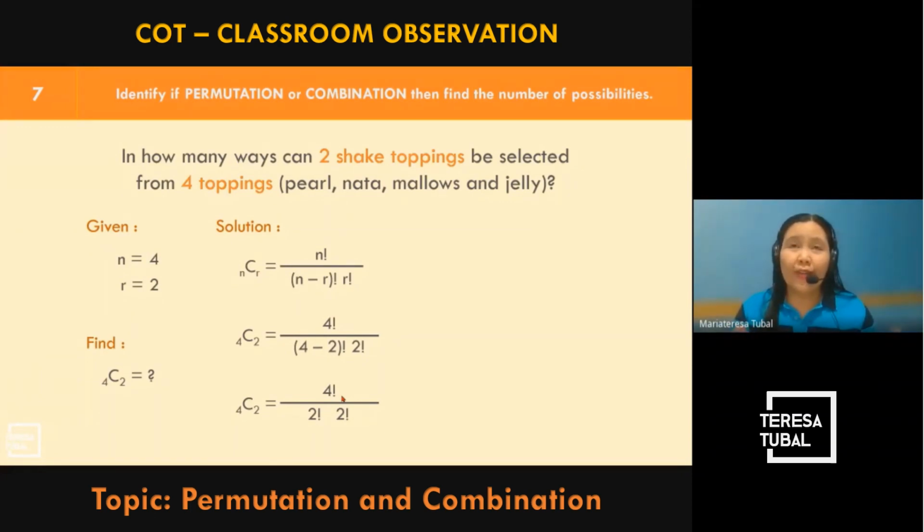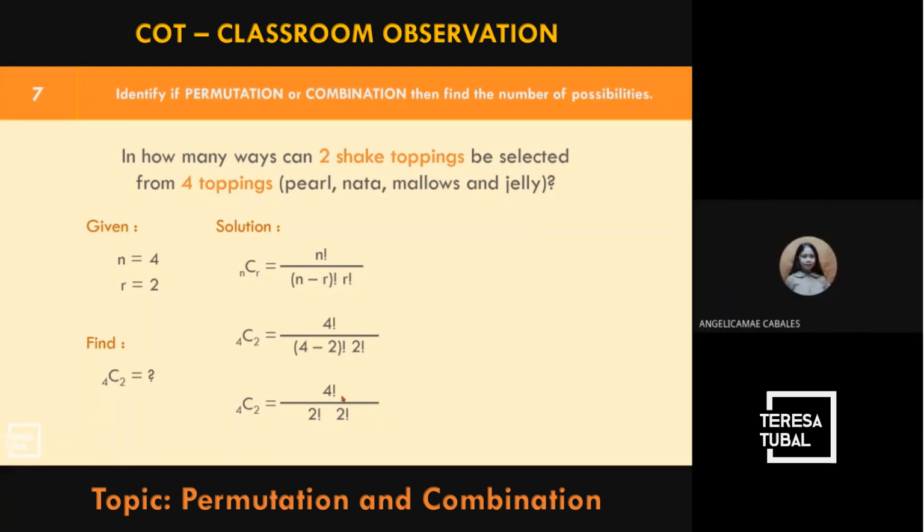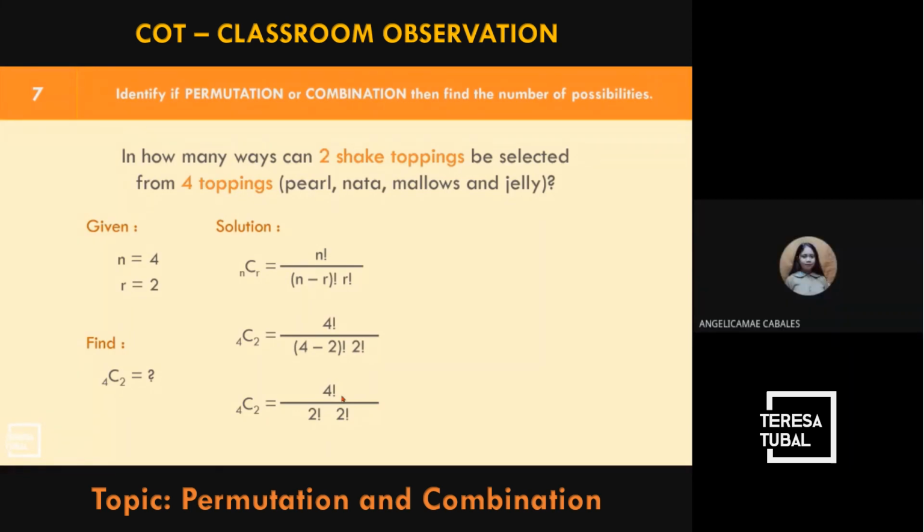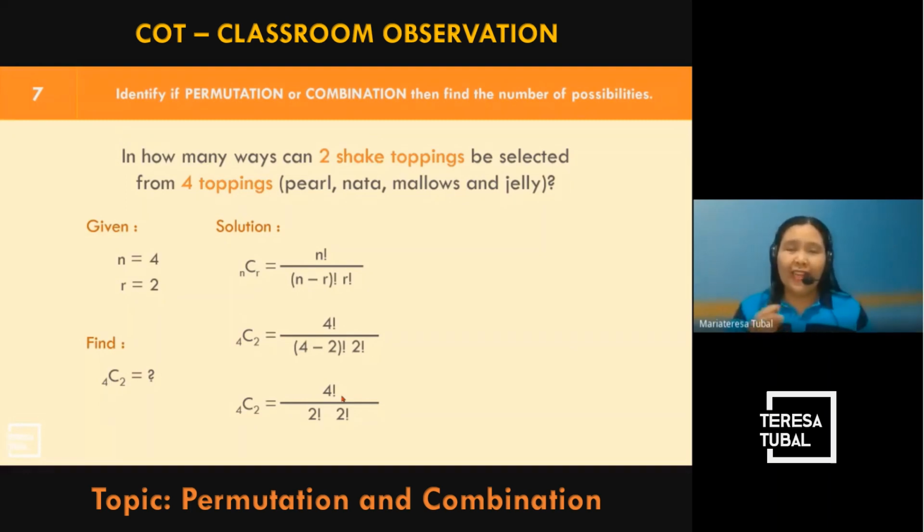Over 2 po. Okay, medyo humihina yung connection niya. Sabi niya, 4 times 3 over 2 factorial only. So yung denominator is 2 factorial. It means ba, both ilalagay natin 2 factorial and then 2 factorial?